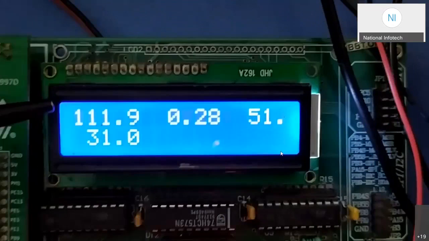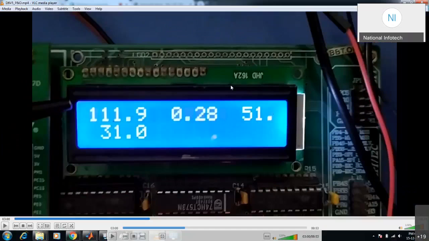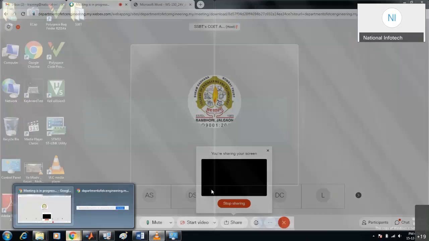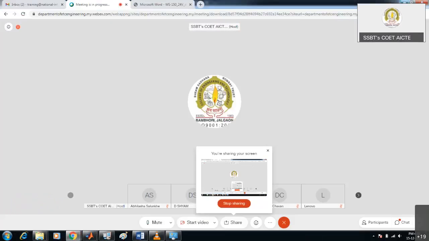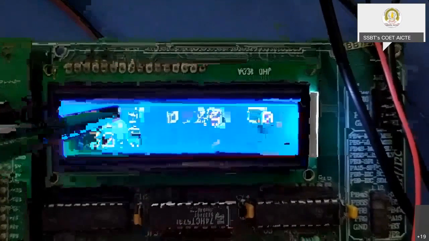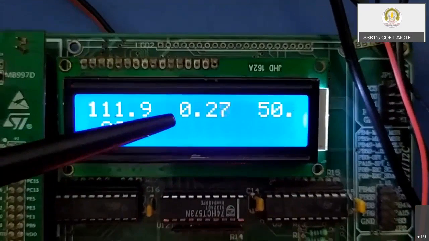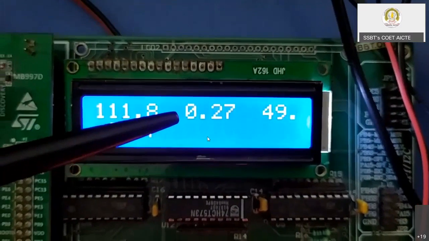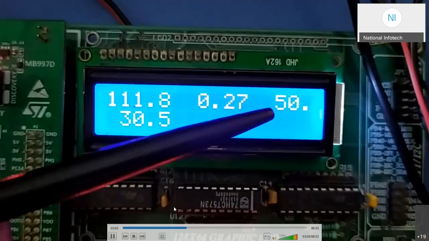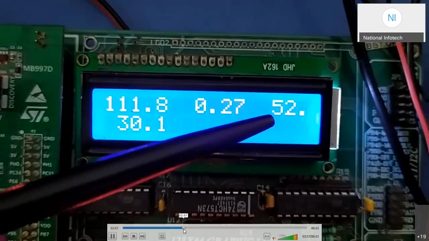Is the screen visible? Yes, visible. Okay, thank you.